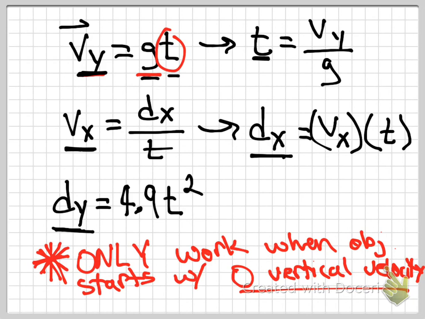If something was launched, like we had in our examples earlier, with an initial vertical velocity, like if you launch something out of a cannon, if you kick a soccer ball or a football up, or you throw a baseball at an angle upwards, these equations are not complete. There are larger equations we could take a deeper dive into, but now's not the time.